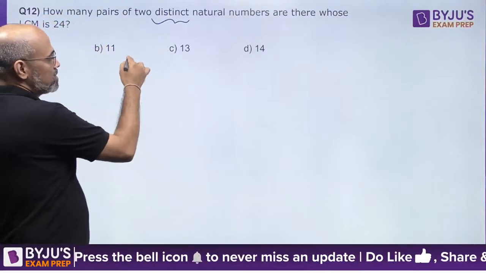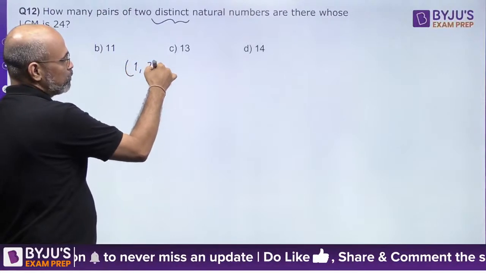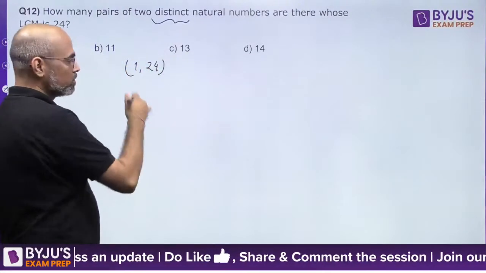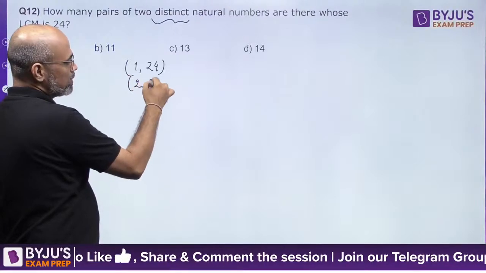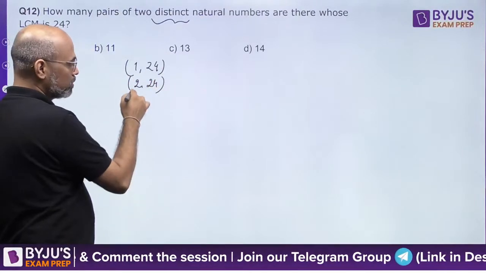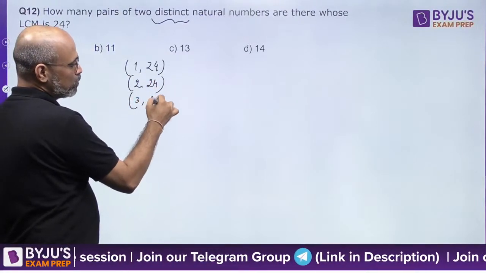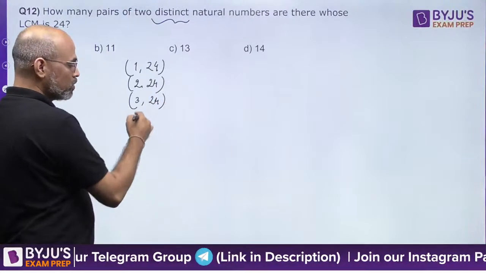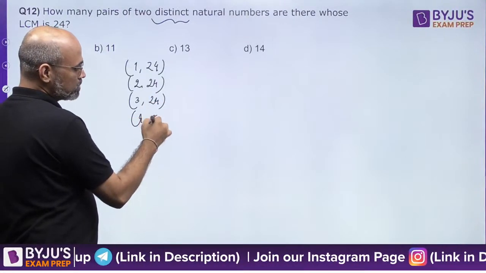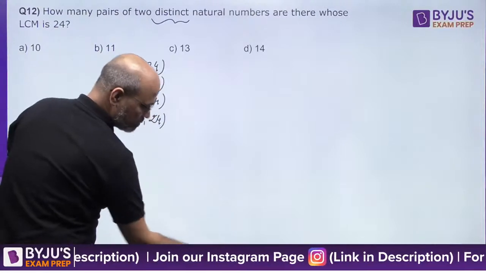So the first is 1 and 24, whose LCM will be 24. 2 and 24's LCM will be 24. 3 and 24's LCM will be 24. 4 and 24's LCM will be 24.